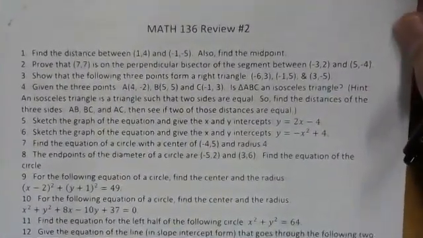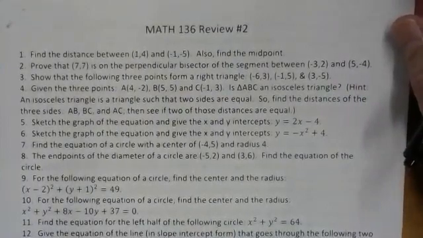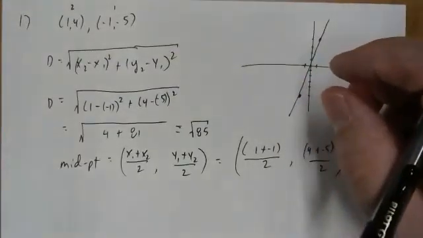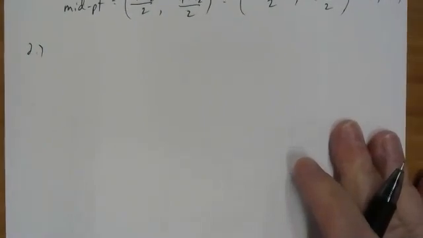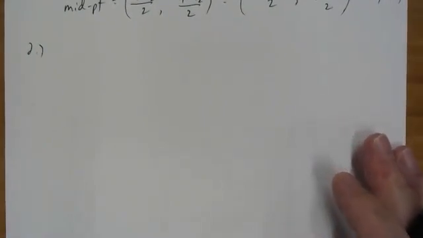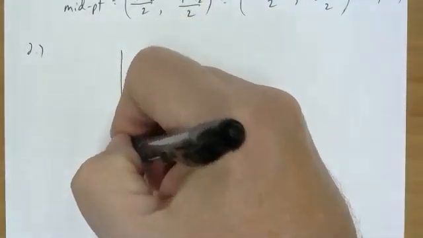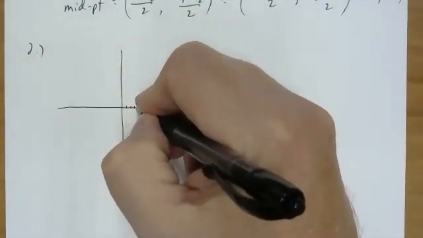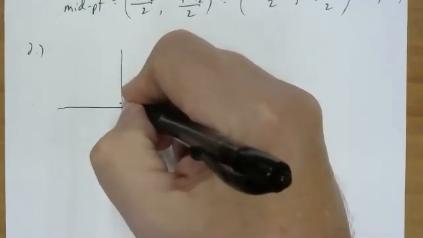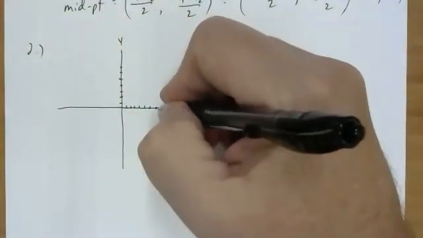All right, number 2. Prove that 7, 7 is on the perpendicular bisector of the segment between -3, 2 and 5, -4. So once again, I'm going to sketch this out. 7, 7. 1, 2, 3, 4, 5, 6, 7.